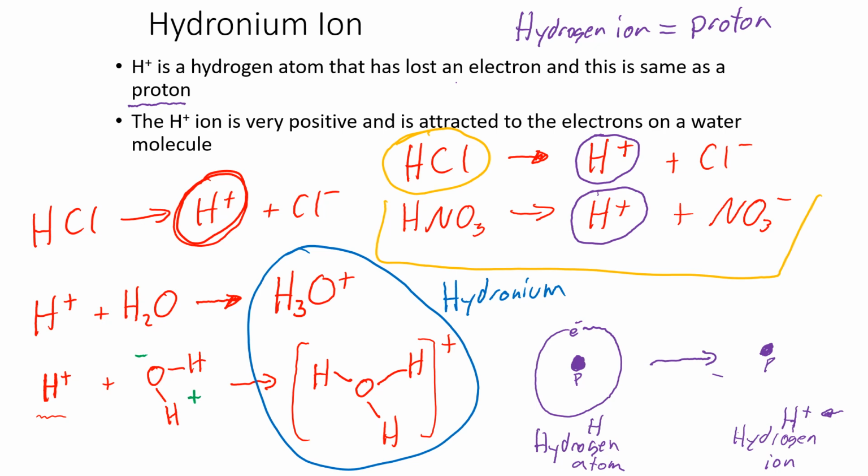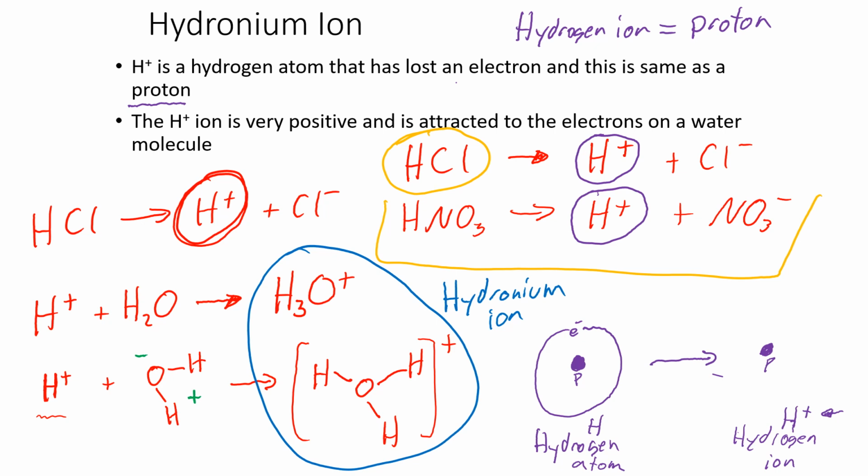Okay, and hydronium is an ion, so that's why we call it hydronium ion. It's H3O plus. And what I want to emphasize is that the hydronium ion, the hydrogen ion, and the proton, those are all pretty much the same thing.